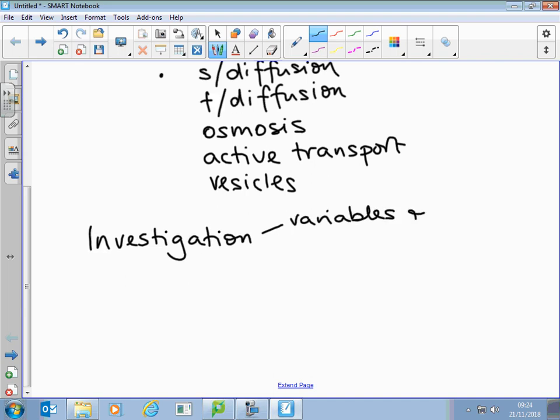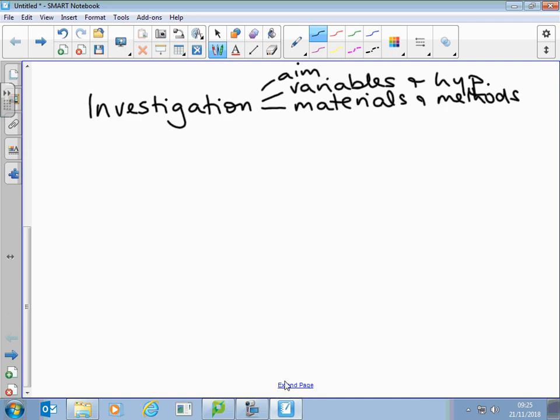Oh, I should have put aim first, I suppose. So aim there. Then your materials and methods. And to be honest, if you check that guidance sheet, it's all on there. It tells you what to put where.